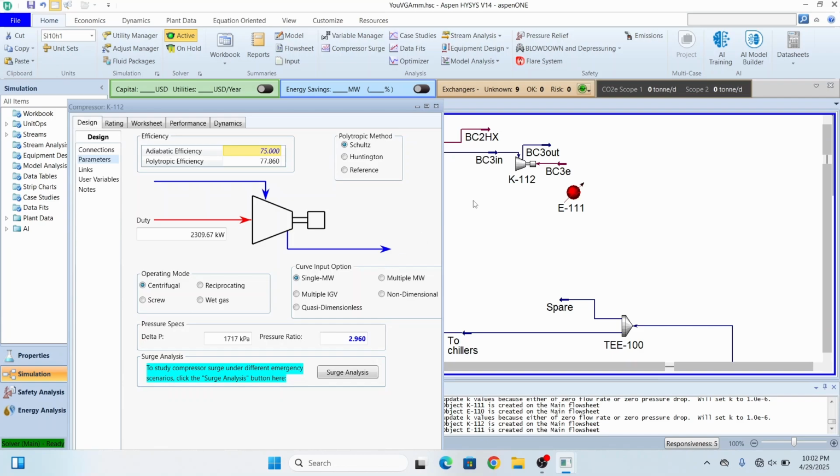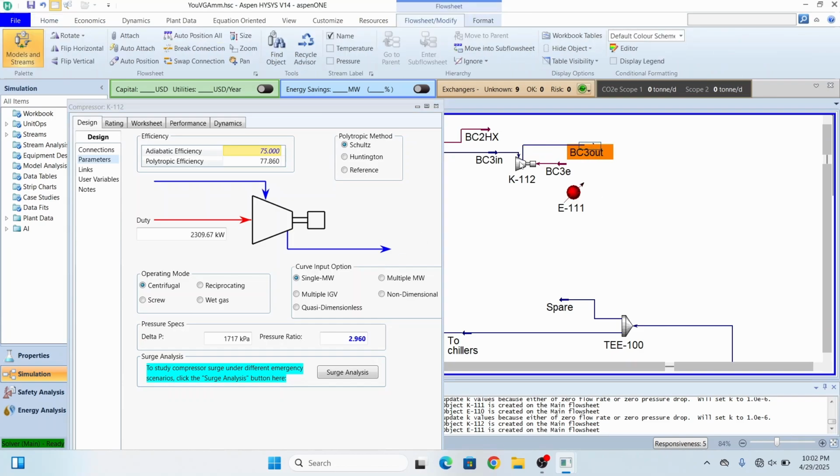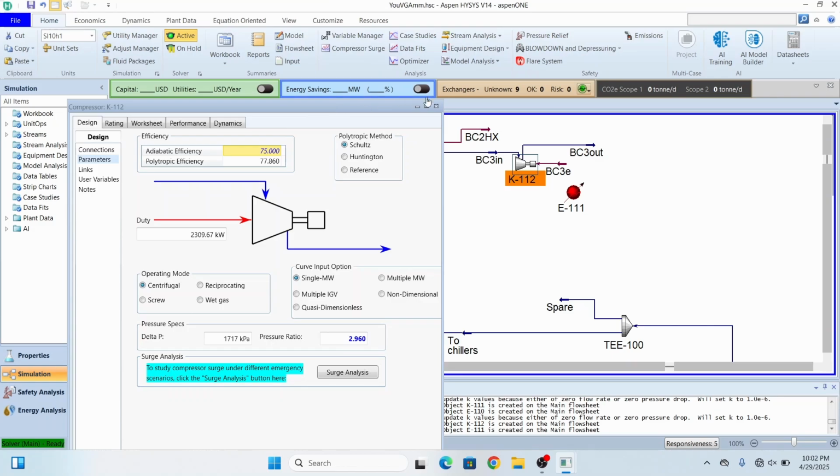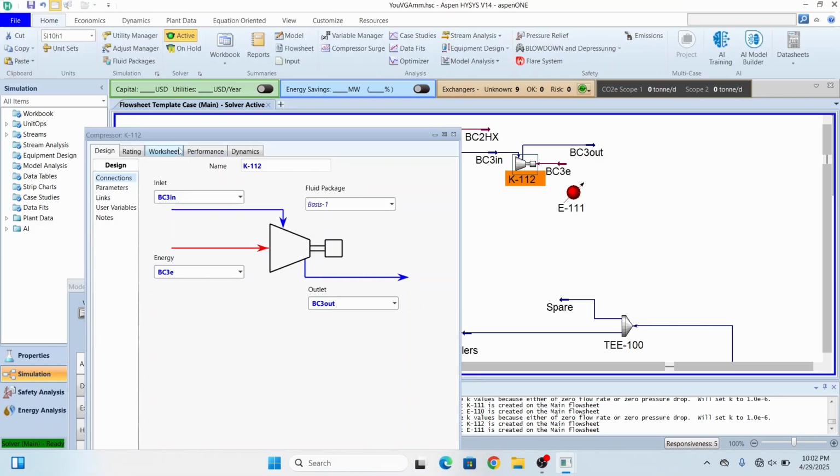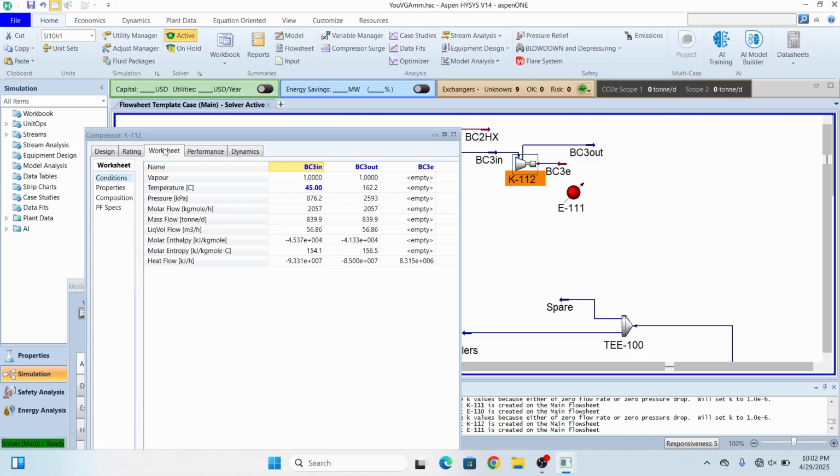Now you can see that this was my last compressor. I will double click on it and go to the worksheet. Here you can see that my pressure is a little greater than the required one.